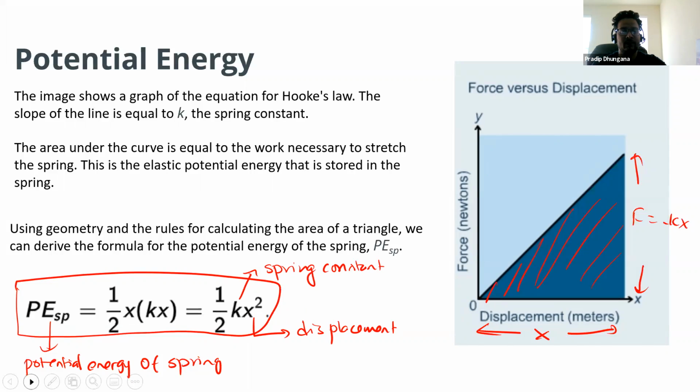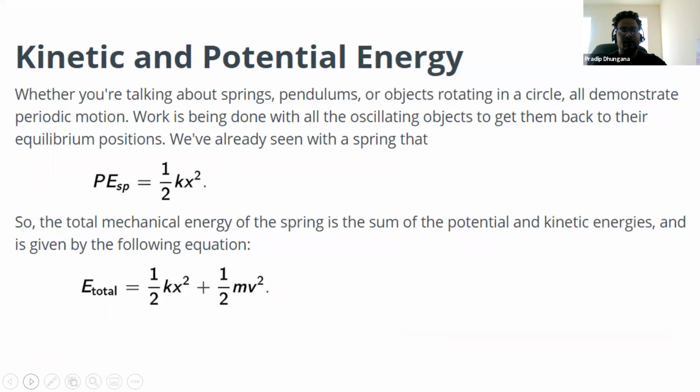Now let's go to kinetic and potential energy. We have already talked about the potential energy of a spring. Now, if we attach a certain mass at the end of the spring and the spring is moving back and forth, then due to the mass and velocity, the spring will also have kinetic energy. The total mechanical energy of the spring is the sum of potential and kinetic energy.